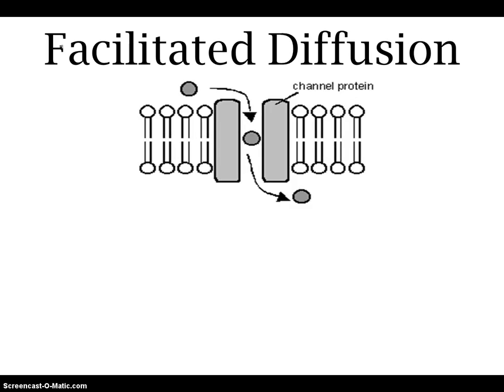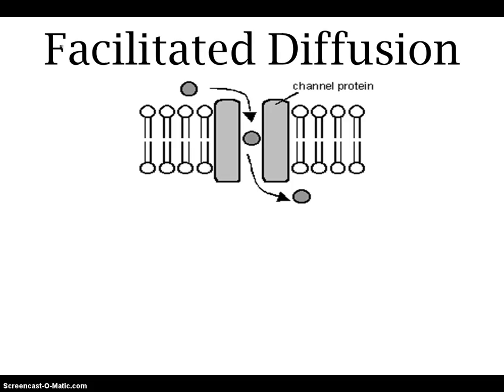Okay, the third type of passive transport. We looked at diffusion, and we just looked at osmosis. This third type is facilitated diffusion, where you're using a protein channel, one of those channel proteins embedded within the cell membrane.